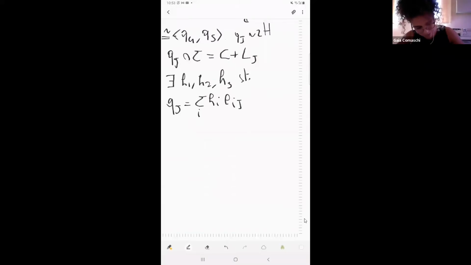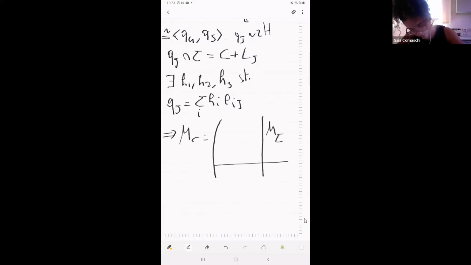But this means that we can find a representation of the curve of this form. So here we will have M sigma, 0, minus M sigma transposed. And here we have our three forms.